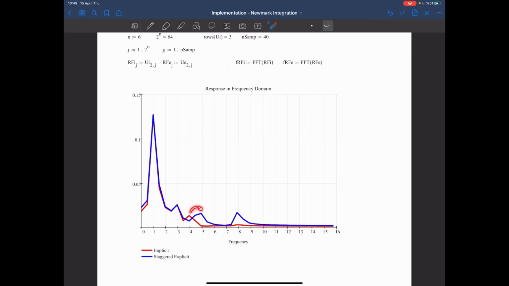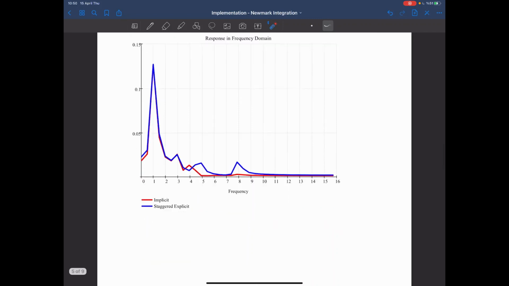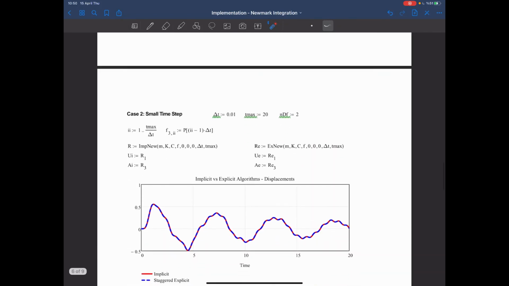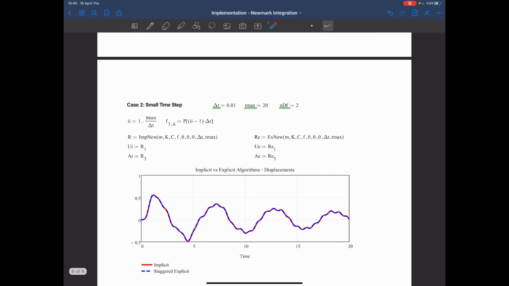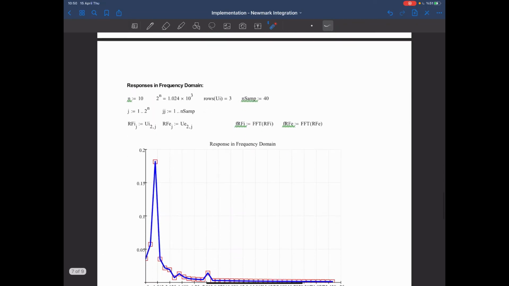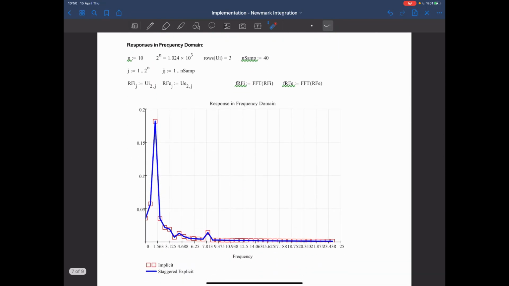So we see differences in the third mode response of the two algorithms. The first mode and the second mode responses for the second degrees of freedom, of course, are almost the same, but in the third mode response, we see some differences. But of course, when you decrease the time step, the differences vanish, so we get exactly the same frequency response from both algorithms.